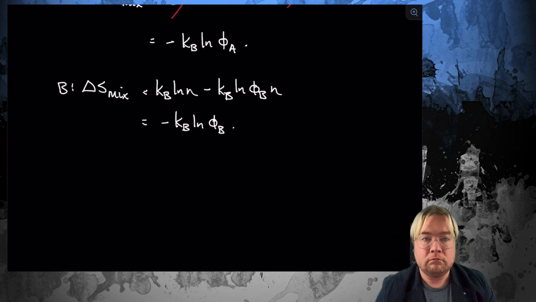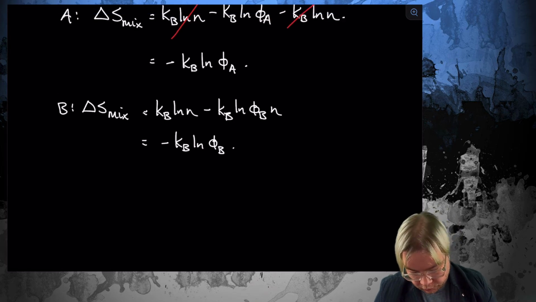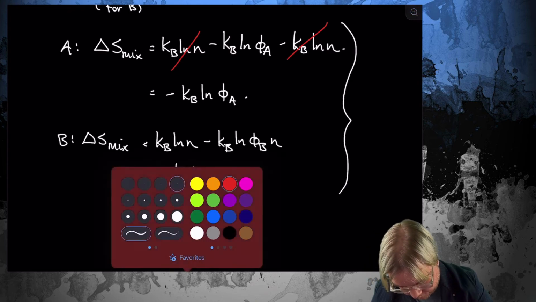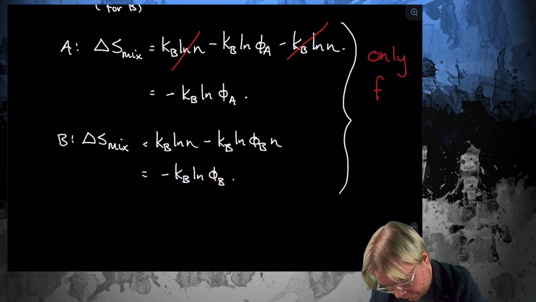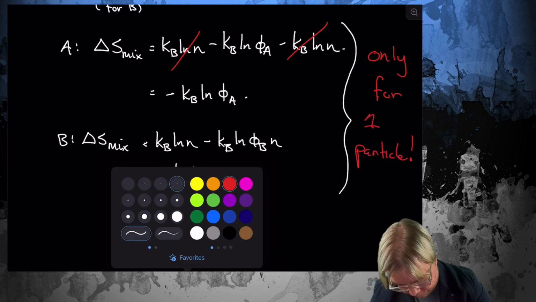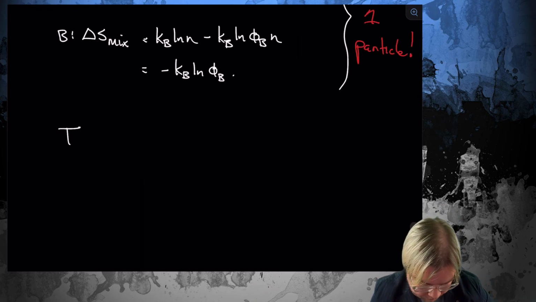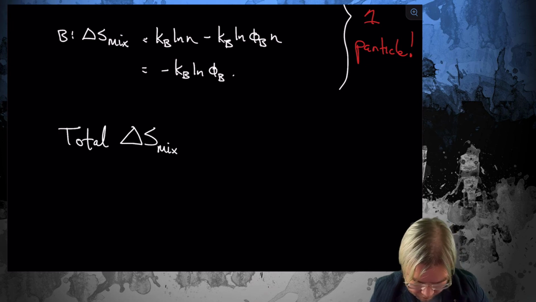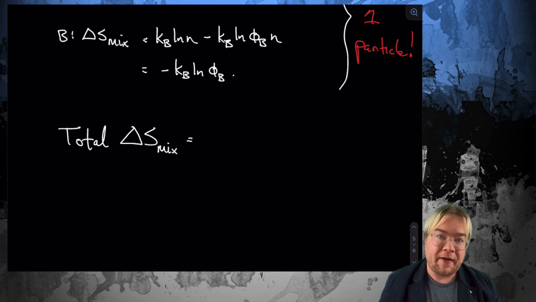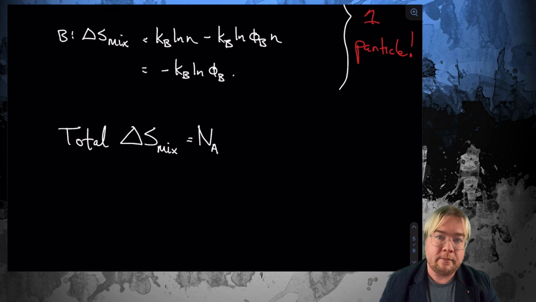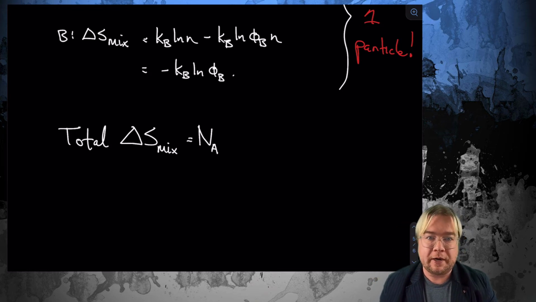So now what? Well, this was only for one particle, and I can't state that enough. This is only for one particle. So we need to do it for all the particles. So the total change in entropy for mixing is going to be the number of A particles times the change in entropy for a single A particle.